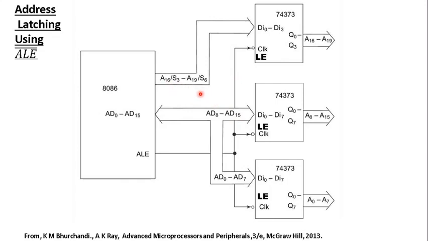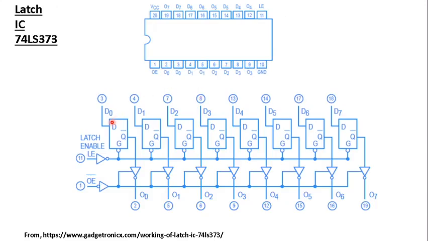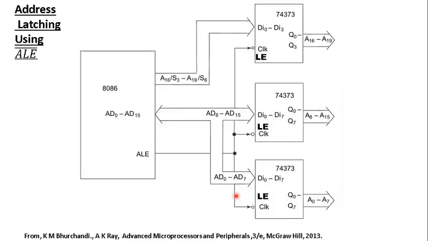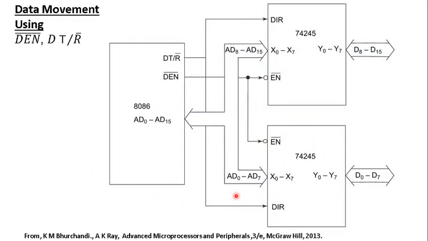That address information will be put into all these flip-flops, and they will wait. When output enable is enabled, they will reach the output pins. This is how address latch enable helps in demultiplexing the address pins.